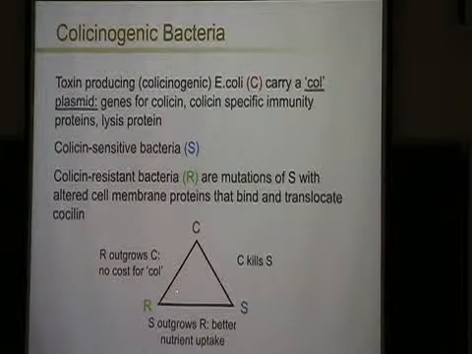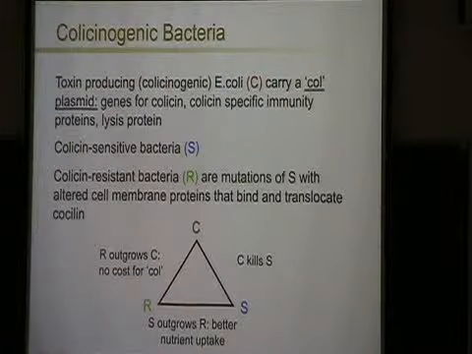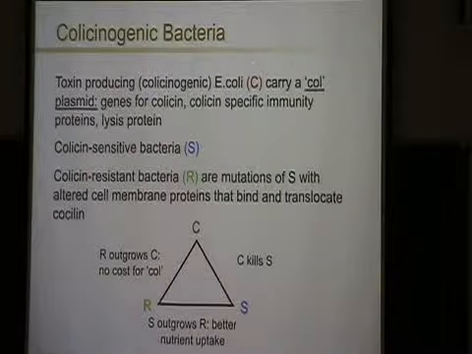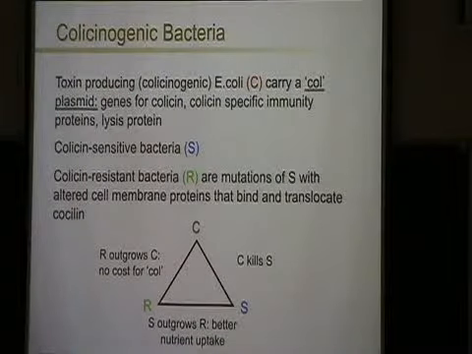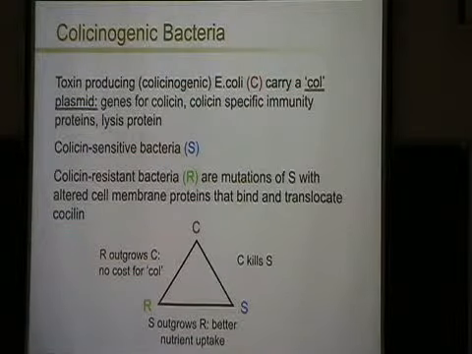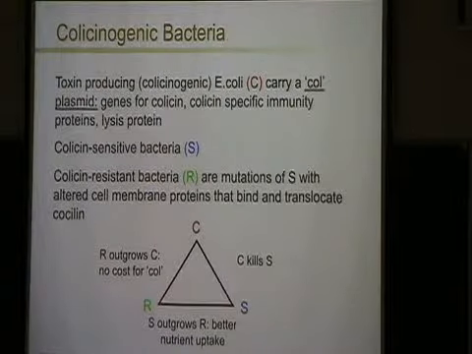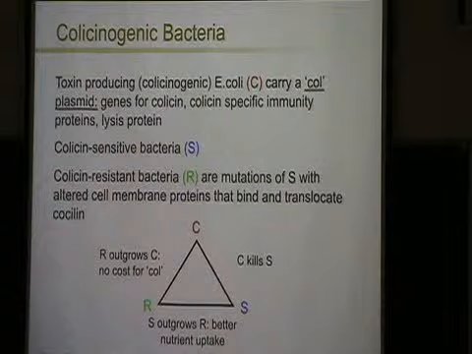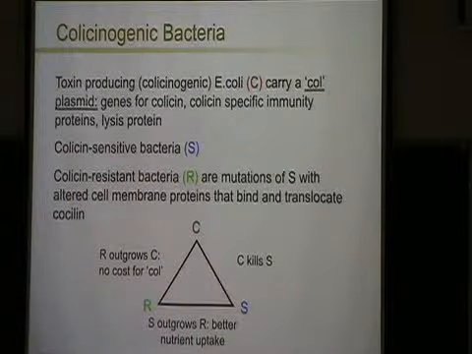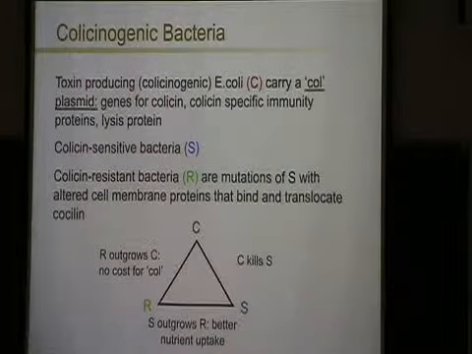And finally, the resistant strain is actually outgrowing the colicin-producing strain because it's not paying the cost of having all that machinery for making the toxin and protecting oneself against the toxin. You can measure that. You can look at the different strains and grow them individually, and you see that what I just said is true, and that the growth rates of S, R and C are such that we have such a cyclic dominance.